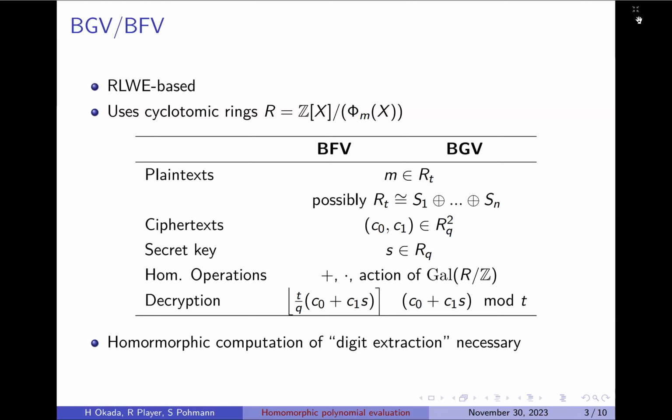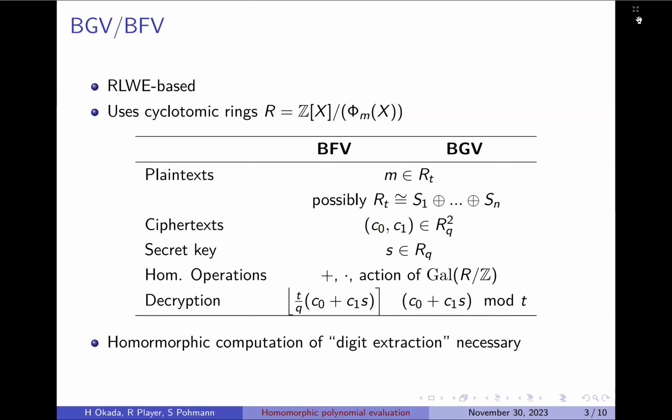The main use of this is to allow for single instruction multiple data operations. Ciphertexts in both schemes consist of two elements of R modulo Q, where Q is the ciphertext modulus and much larger than T. And the secret key is a single element in R. Both schemes allow the computation of addition, multiplication, and the action of Galois automorphisms on encrypted data, so these are homomorphic operations.